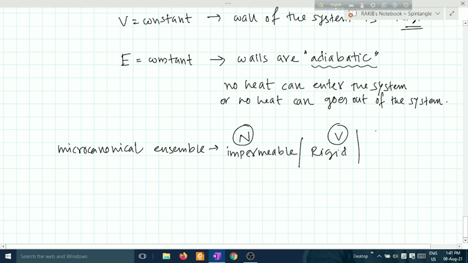To make energy constant, and energy here means heat energy, no source of energy can enter or leave the system. This means the wall has to be adiabatic. Impermeable, rigid and adiabatic walls make a microcanonical ensemble.